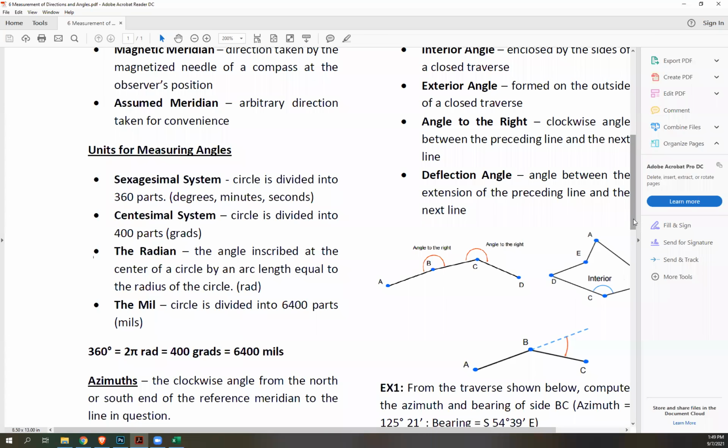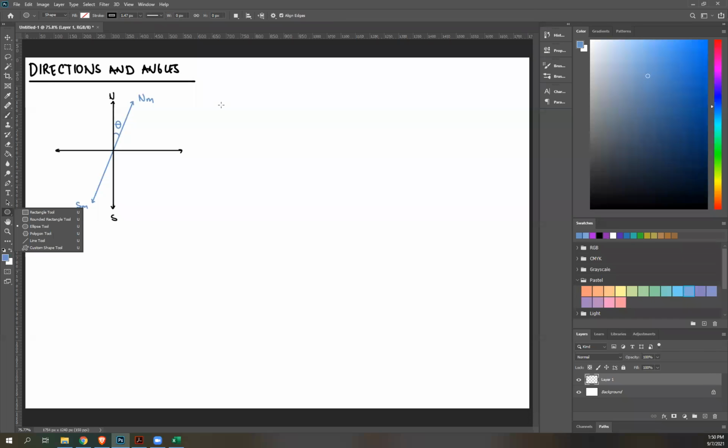And then we have your radian. It's the angle inscribed at the center of a circle by an arc length equal to the radius of the circle. So for example, if we have a circle, let's try drawing one.